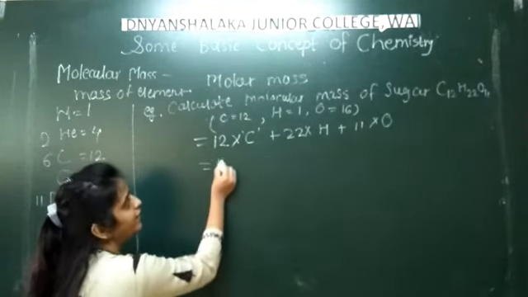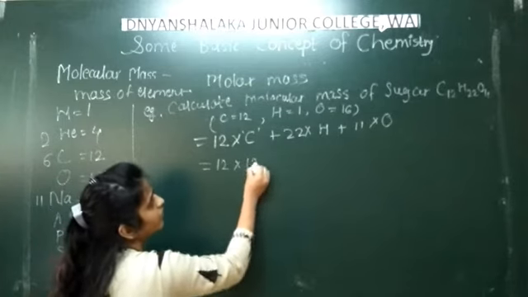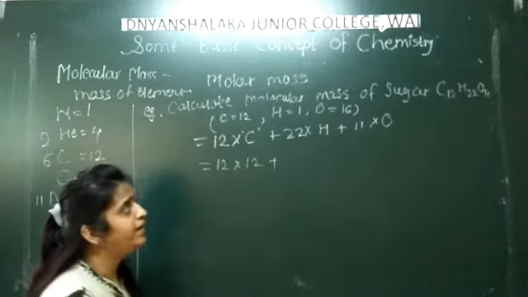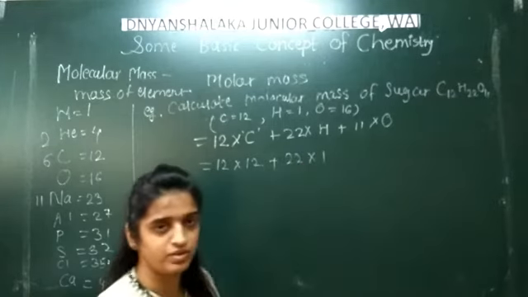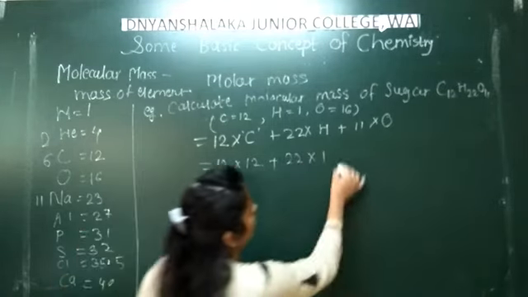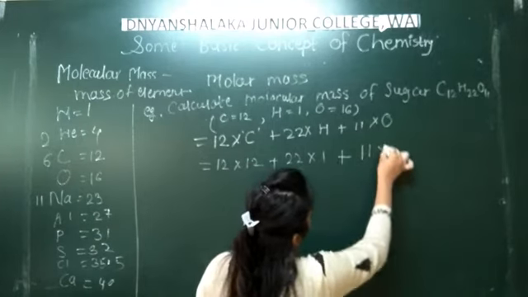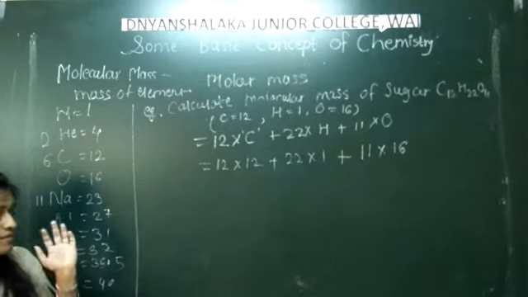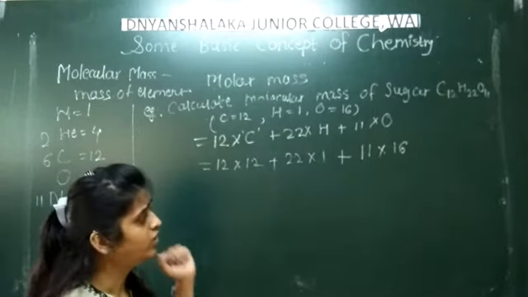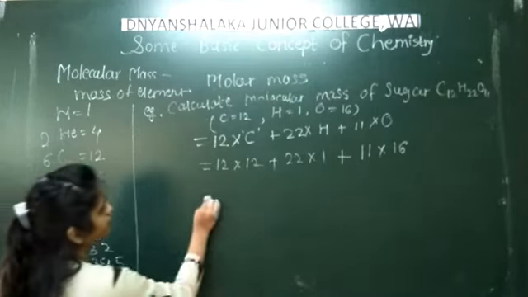So 12 into 12 plus 22 into 1, atomic mass of hydrogen is 1, and plus 11 into atomic mass of oxygen 16. So calculating this value, we get the answer.